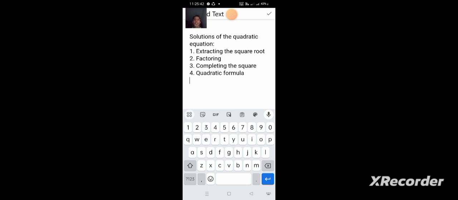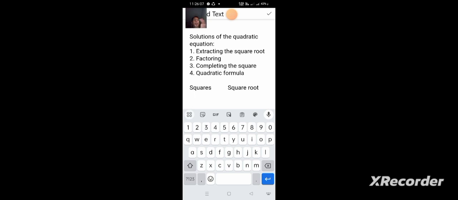So let's have first a short review on how to determine the square of a number. So squares, and on the other side we have square root. For example, we are going to square.